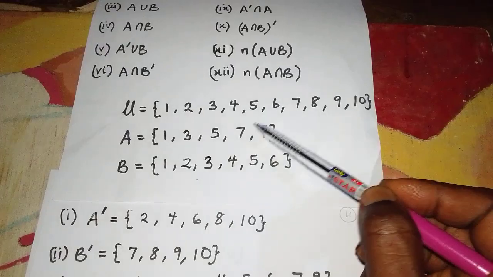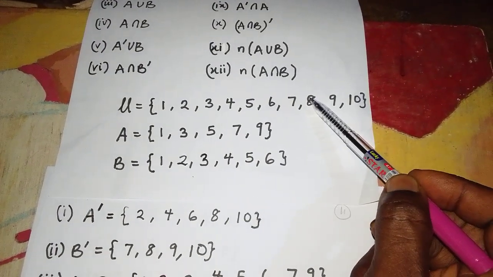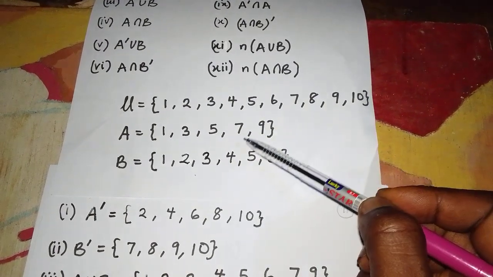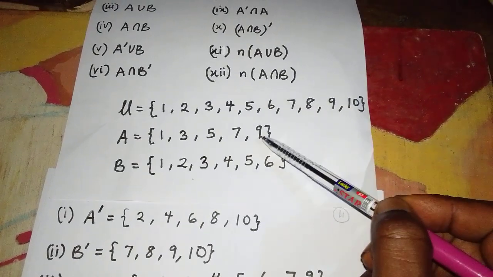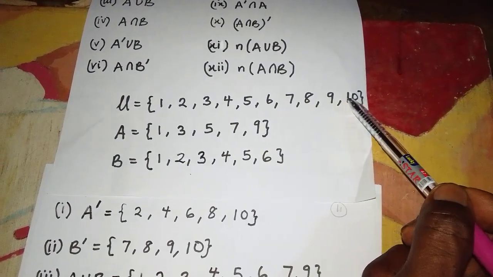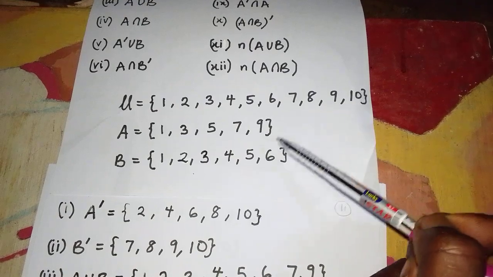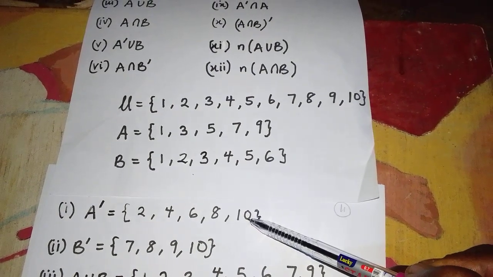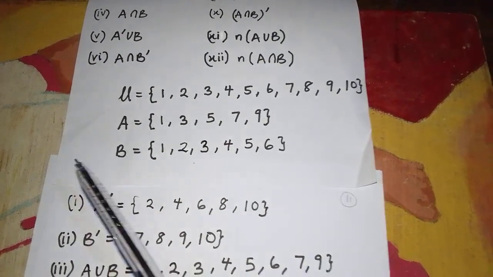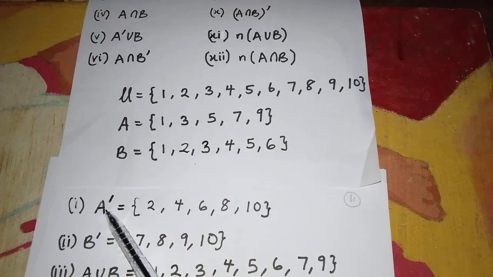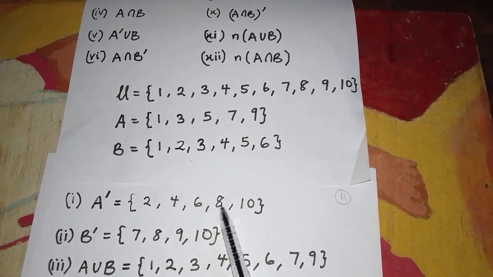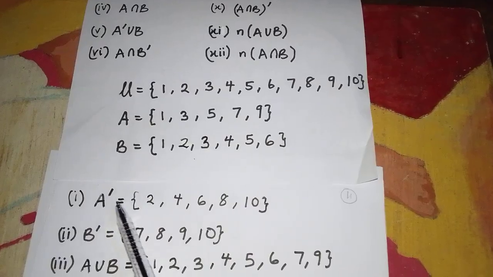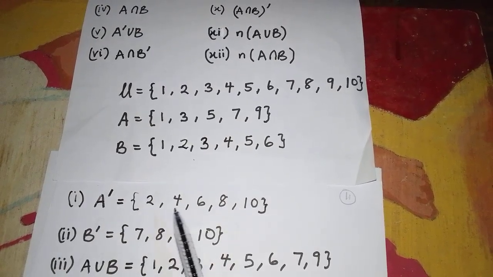Then 7 is in set A, no. 8 is in the universal set but not in set A, so you write it. Then 9 is in set A, no. 10 is in the universal set but not in set A, you write it. So the elements of A complement will now be 2, 4, 6, 8, 10. So this is A complement.